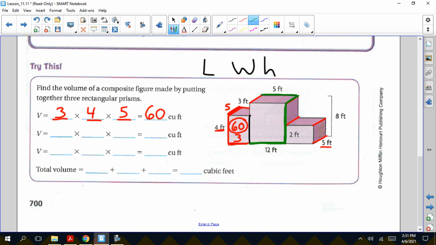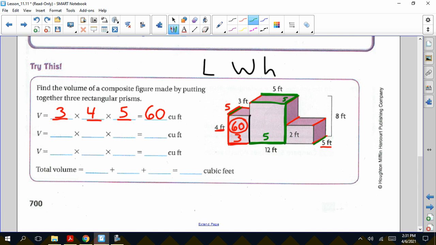So this line here is 5 feet, because that side right there is 5 feet, and so is the front. So we know the length is going to be 5 feet. The width, this line going back, is the same all the way across. It was the same as that one, which is the same as this one. So the width going back is also 5 feet.